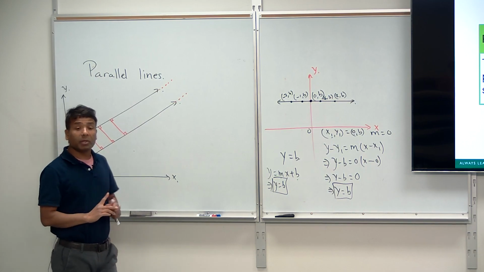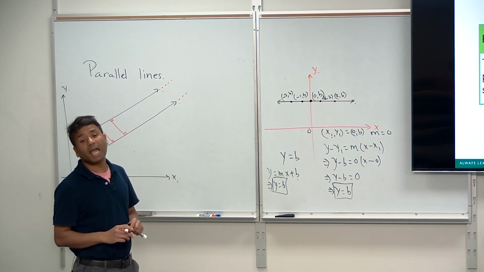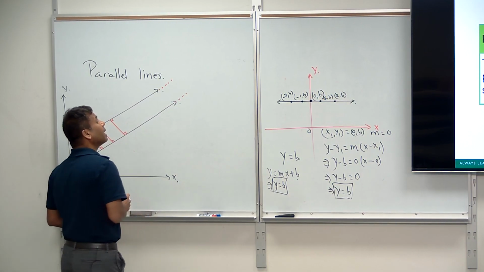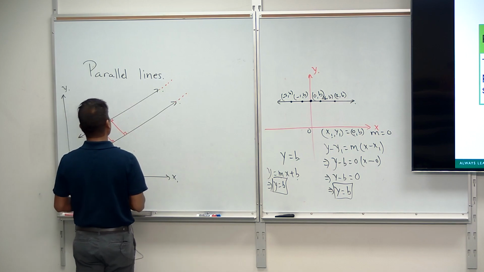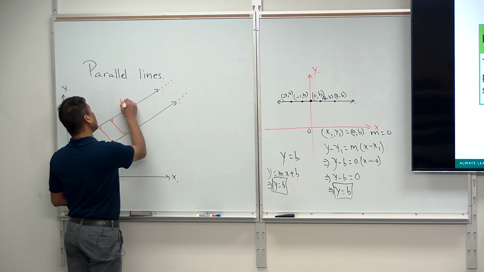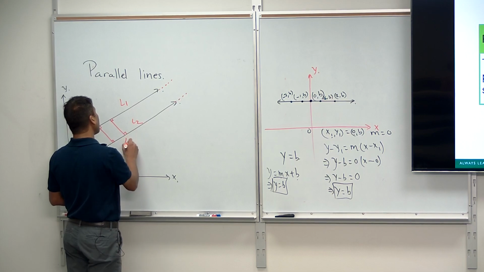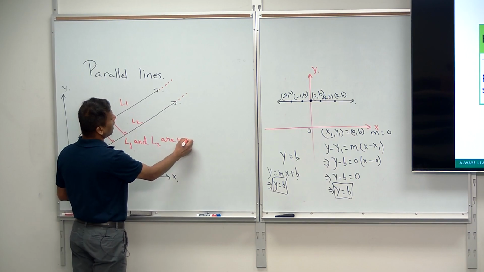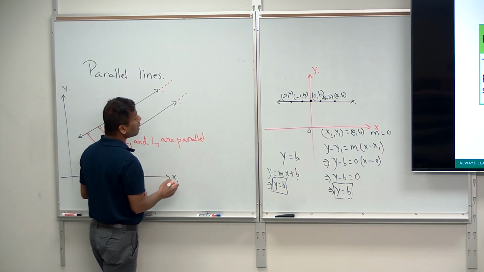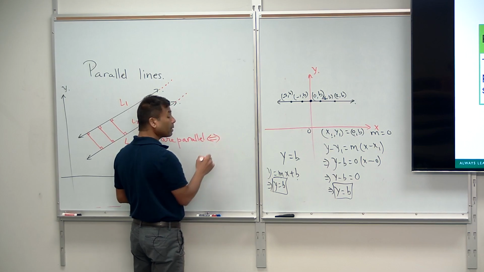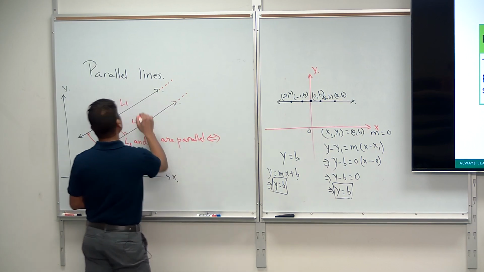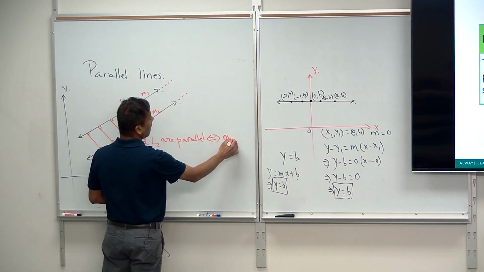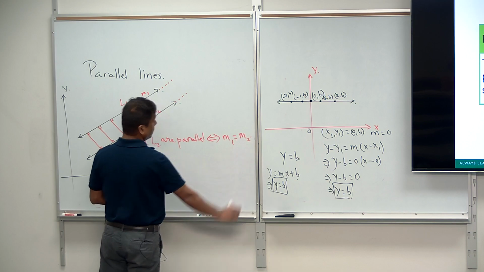Now, you see, these two lines have the what? The same slope. Two lines are parallel if and only if they have the same slope. So this is L1, this is L2. L1 and L2 are parallel if and only if the slope of this line is m1 and the slope of this line is m2, and m1 equals m2.